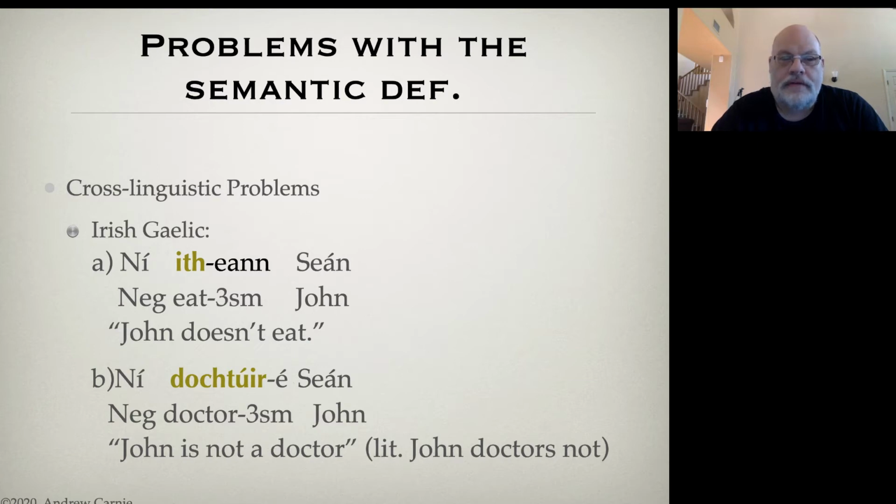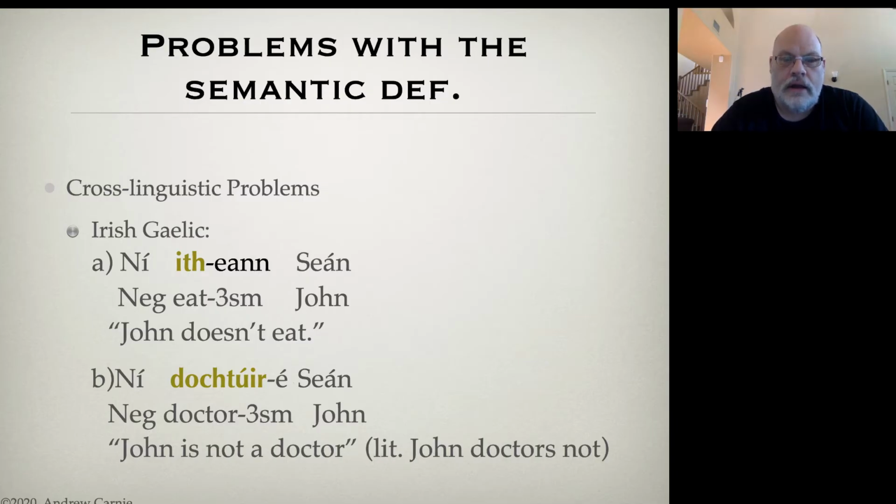So look at that first sentence in A. It is the verb to eat, and it follows the negative particle ni, and it precedes both the third singular masculine agreement marker and the subject John. Now, that's where verbs go. Now, if we look at the sentence in B, this is a bit of a surprise, because here we're finding a noun in exactly that position.